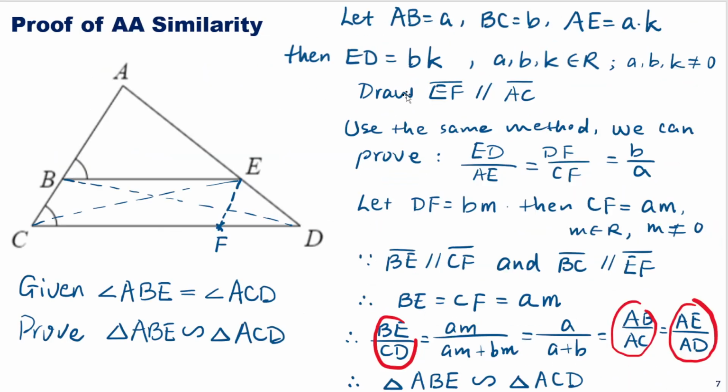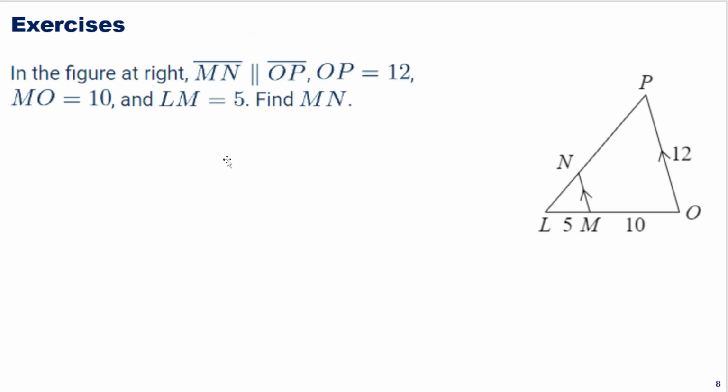Alright, if you don't have any questions, let's consider an exercise here. In the figure at right, if MN is parallel with OP, OP is 12, MO is 10, and LM is 5, can you find the length of MN?